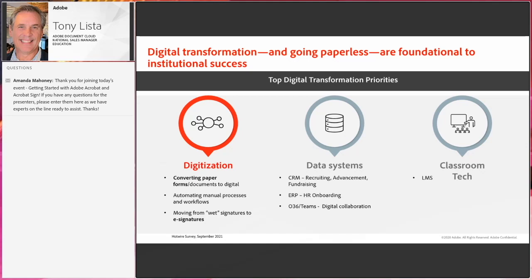Others think of embedding electronic signatures and collaborating that way, and still others think of a seamless digital document workflow connecting various ERP, CRM systems with Adobe for automation of digital document workflows and e-signatures. What are you thinking about doing? Hopefully, we're here to help you get to the next step in your journey.